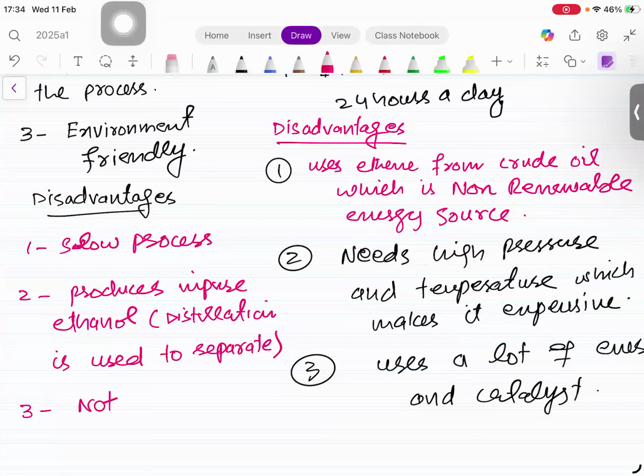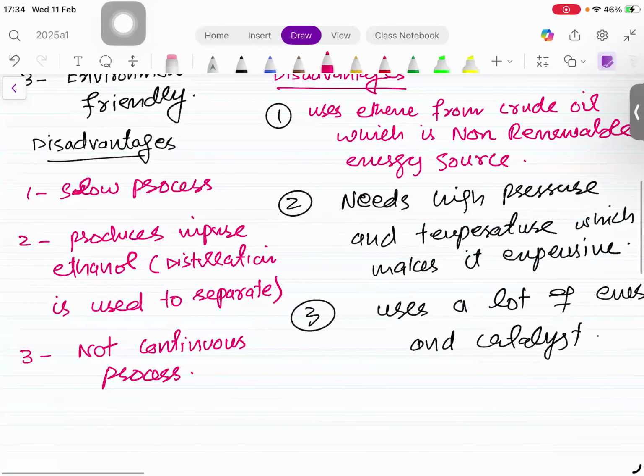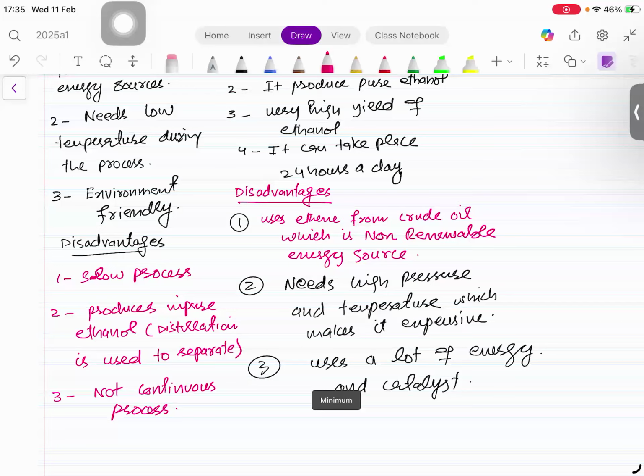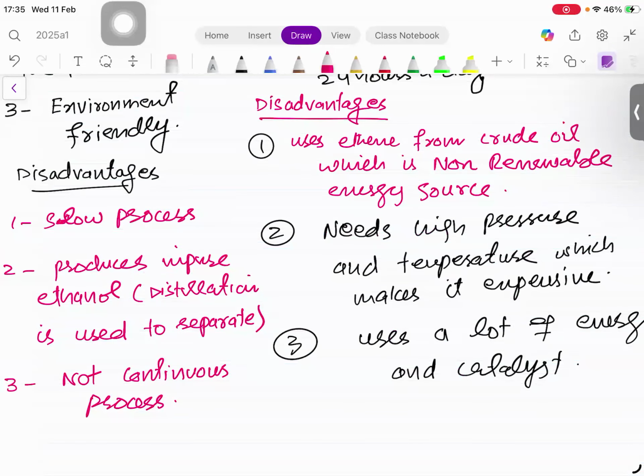Not continuous process. Stops in between. Right. So these are some advantages and disadvantages of using ethanol.